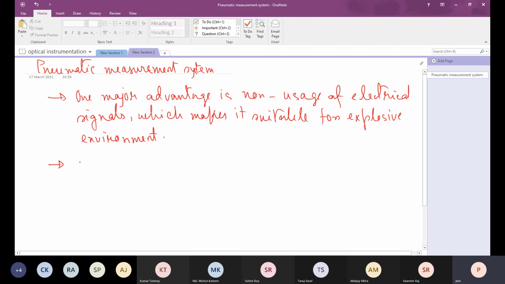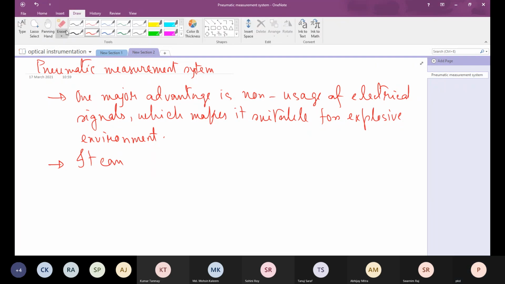The second advantage is that it can carry more pressure or more power. It has another advantage of high power to weight ratio.